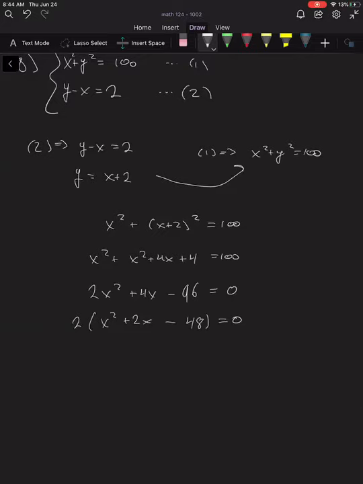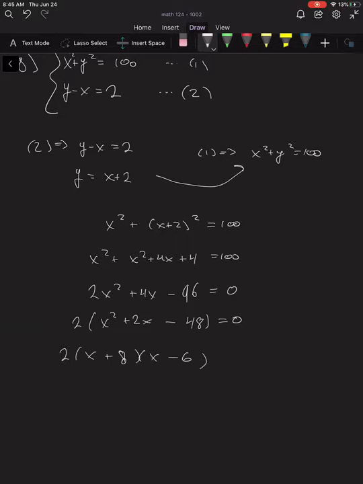Now let's factor our x squared plus 2x minus 48 terms. So we have x, x. What are the numbers that multiply to minus 48 but add to 2? So plus 8 and then minus 6, because 6 times minus 8 is minus 48, and then 8 plus minus 6 is positive 2.